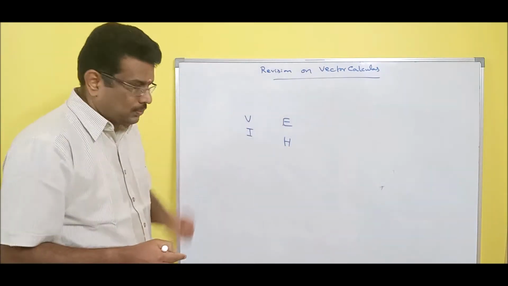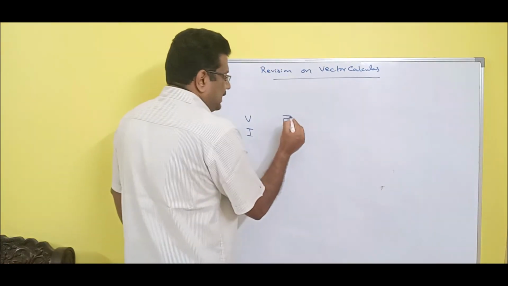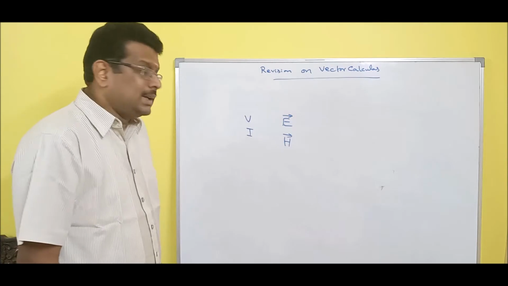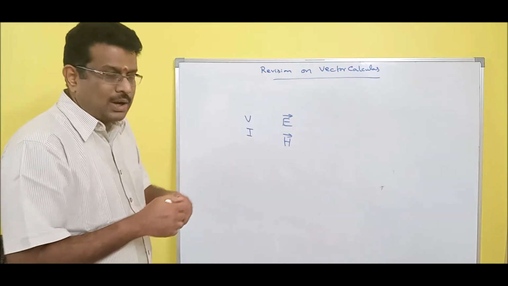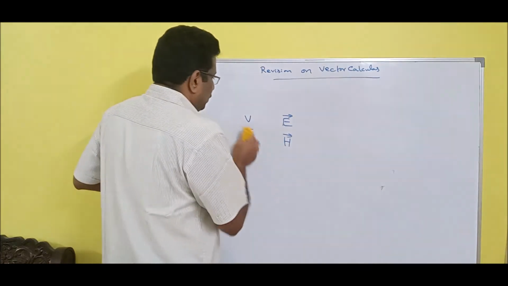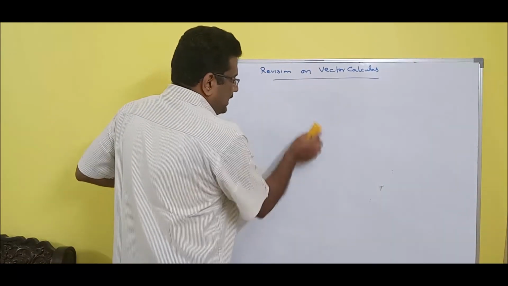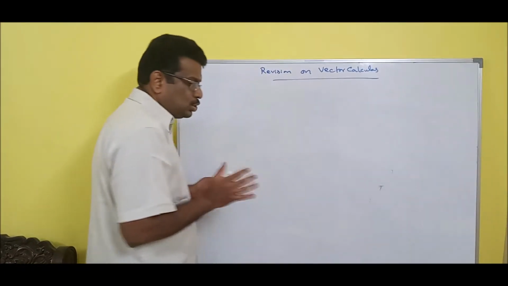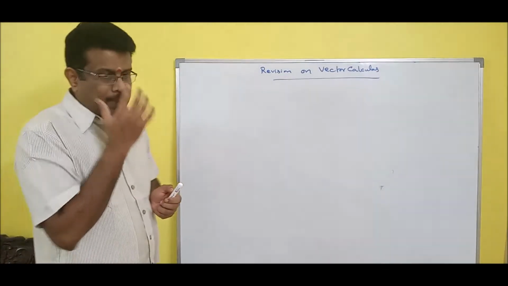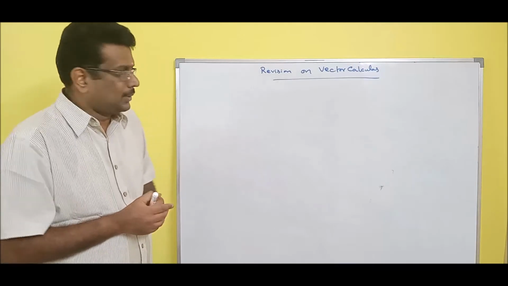Reason 2: Number 1, it deals with vectors. Number 2, it deals with location, what is it called? Coordinate systems. So today we are going to discuss these two fundamentals, the vectors as well as the coordinate systems.